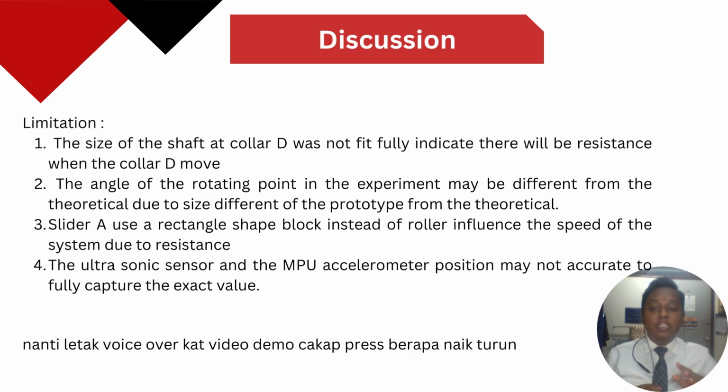Next, slider A used a rectangle-shaped block instead of a roller as shown in the theoretical, which influenced the speed of the system due to its resistance. And lastly, the ultrasonic sensor and the MPU accelerometer positions may not be accurate enough to fully capture the exact value of the parameter.